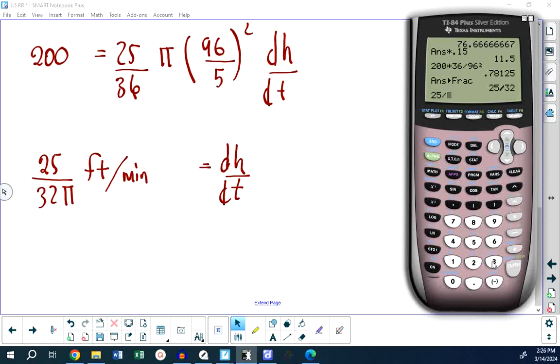Of course, do not do this, right? That's not 25 divided by 32 pi. That's 25 divided by 32 pi. Approximately 0.25, about a quarter of a foot per minute.